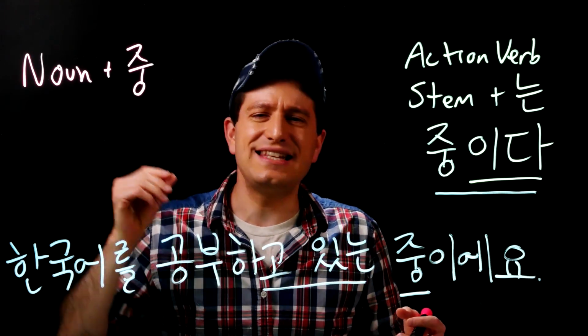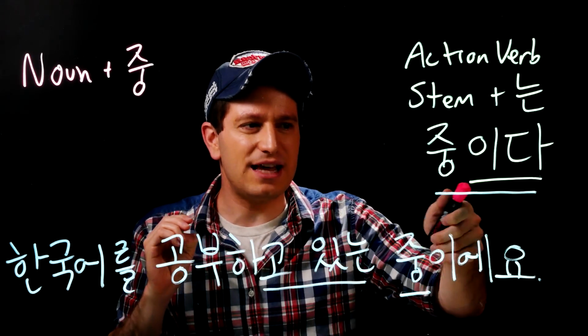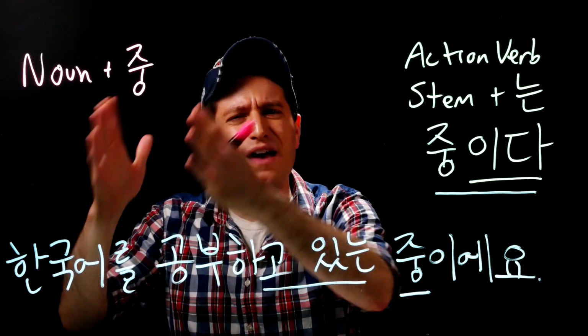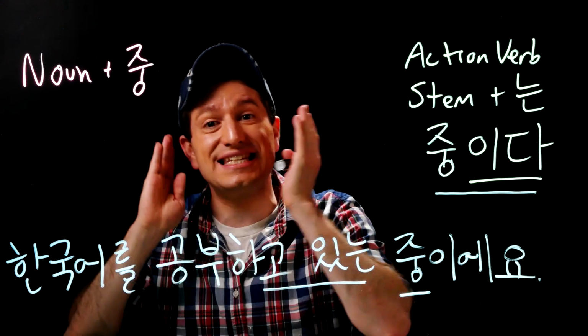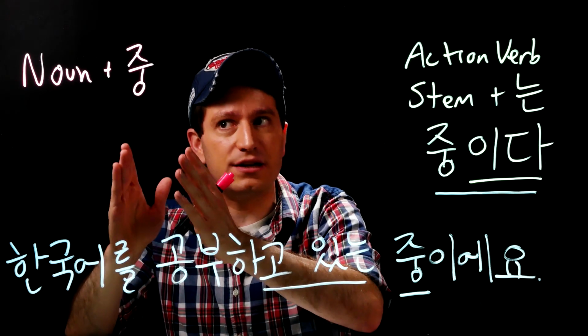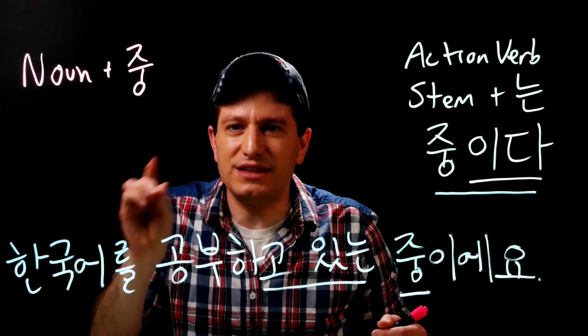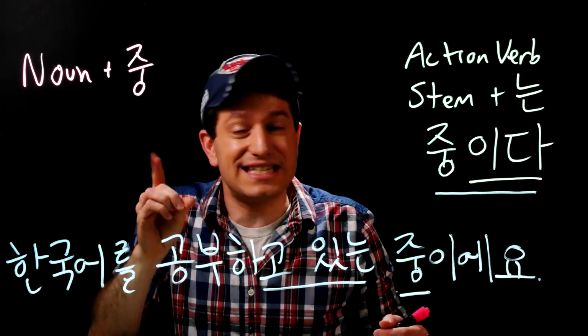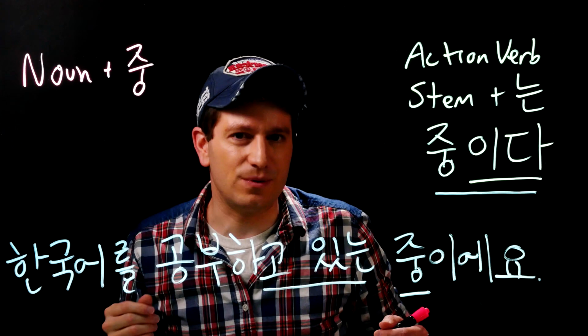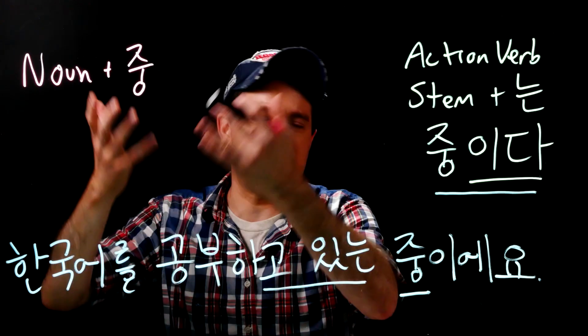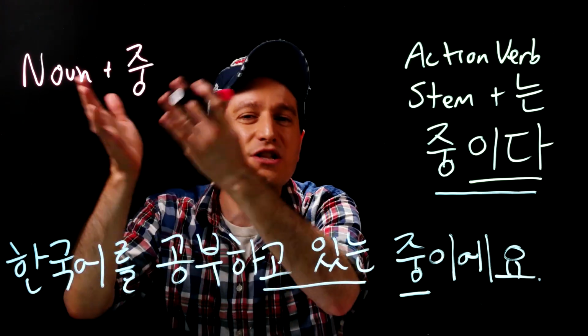So in this way, it's like you're not just describing that someone is doing something, but you're emphasizing that that's the current status of that person or that thing. Not just that that person is in the middle of studying, but that person is currently, their status is studying Korean. So this could be like their status, what they're doing, how they're feeling, what's going on.